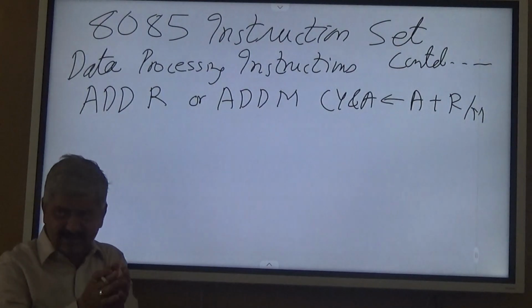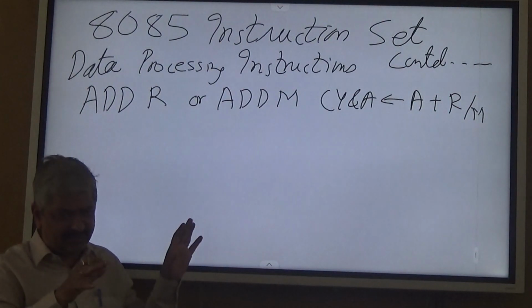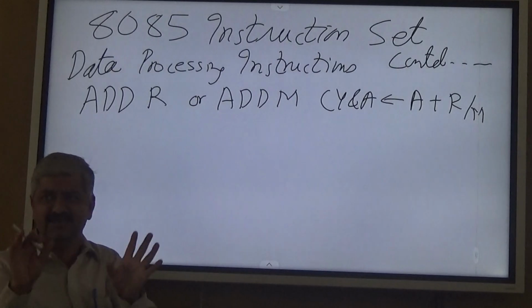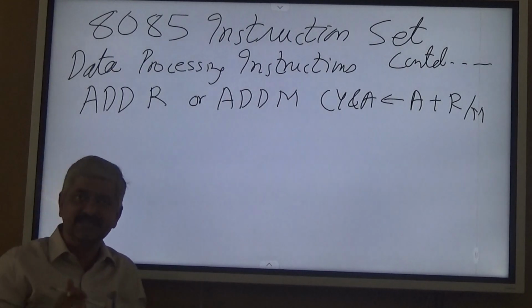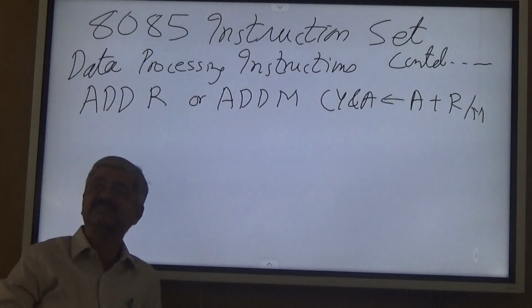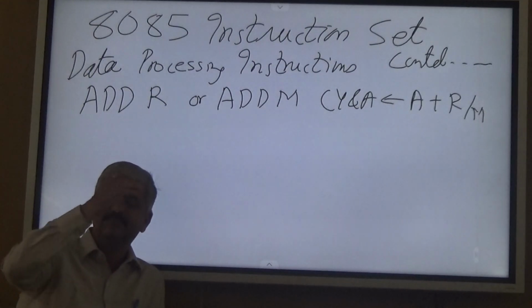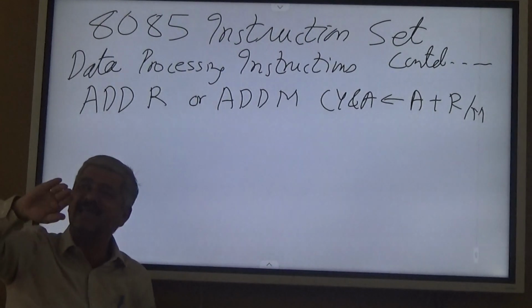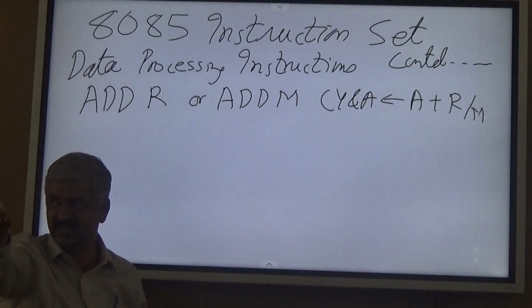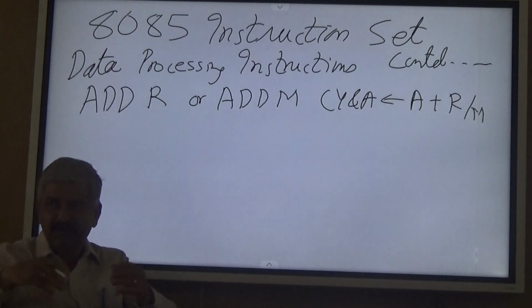Listen very carefully. These various instructions are quite simple. It is not even worth high school level discussion. Increment is having a single operand, and it is source as well as destination. Incrementing the operand.